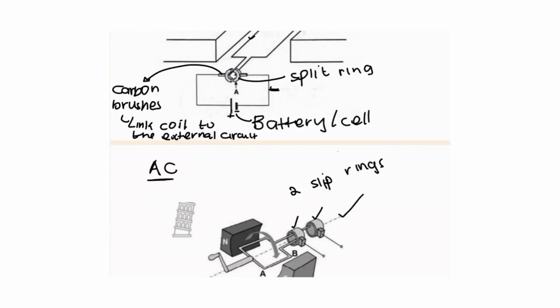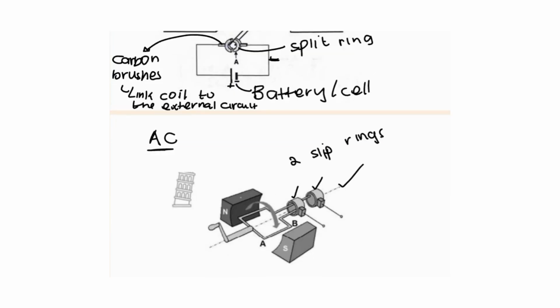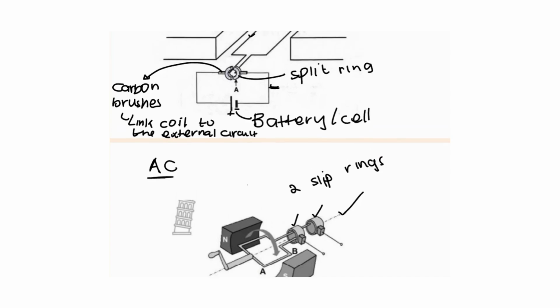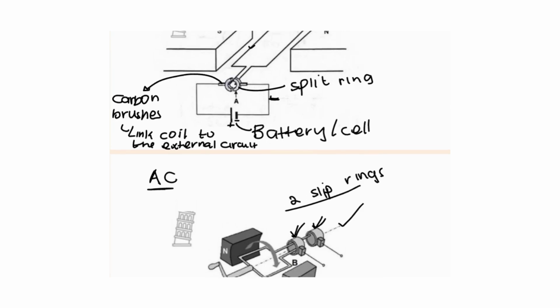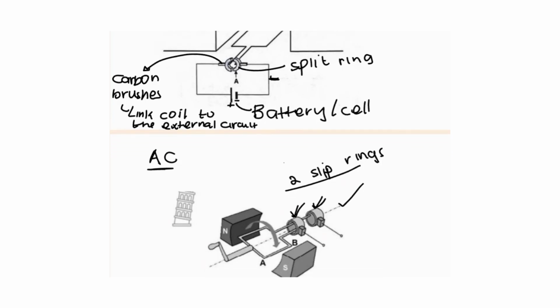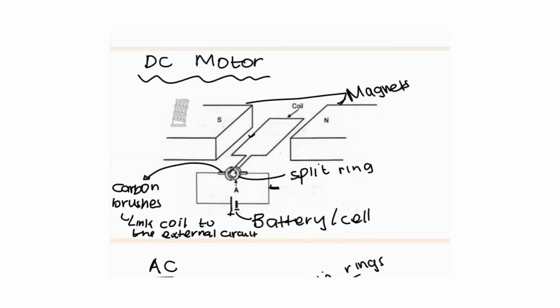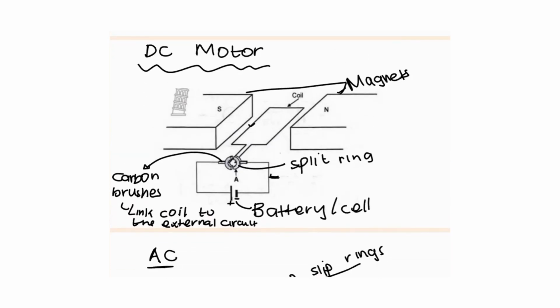I hope you're still with me, guys. So that is how you differentiate whether it is an AC or a DC. If it has two rings that are not split, then it is AC. If it has a single ring that is split, then it is DC.